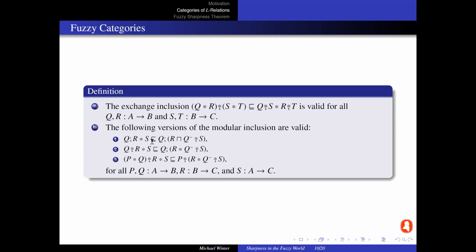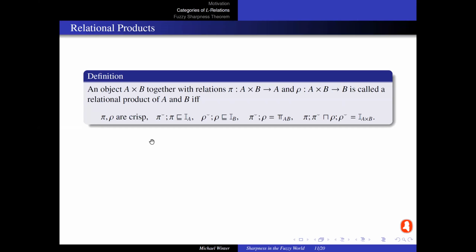Okay, good. So now we have to talk about products as well. What is a product in this setting? We have an object a times b together with those two relations pi and rho going from a times b to a, respectively b, and they satisfy those well-known axioms over here, except in the fuzzy setting, they are also required to be crisp.